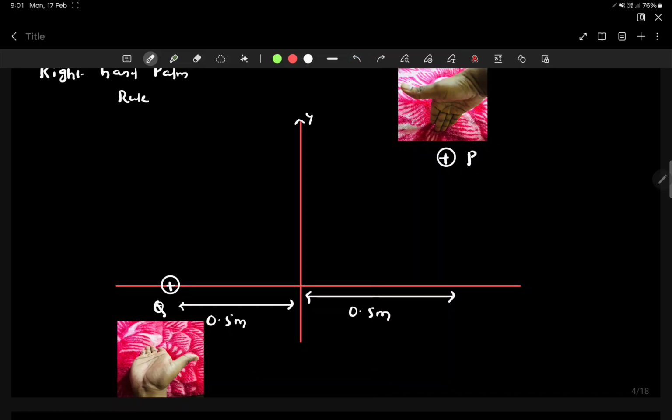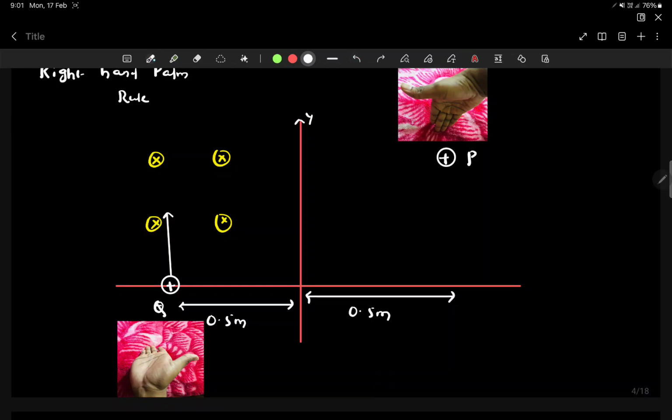When the magnetic field is inward, these four fingers point inward. Suppose the magnetic field is inward. At Q, what is the direction of force? The force experienced by the charged particle will be along this direction, because the direction of force is determined by the direction of the palm.